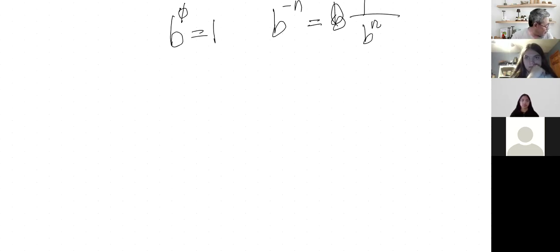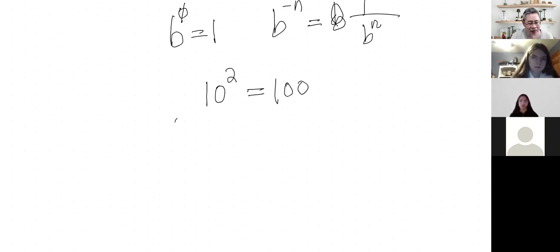Okay, so now we're going to look at logarithm. If I write something like this, we know 10 to the second power is 100. Okay, and we know this one is called the base. 10 is the base, and this is the exponent.